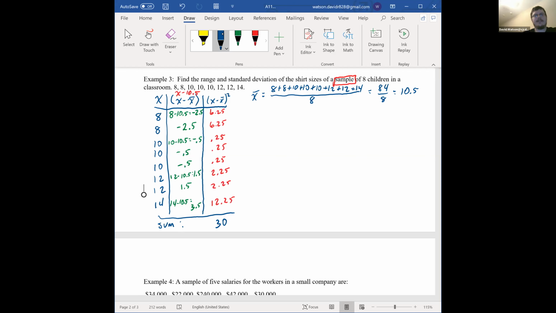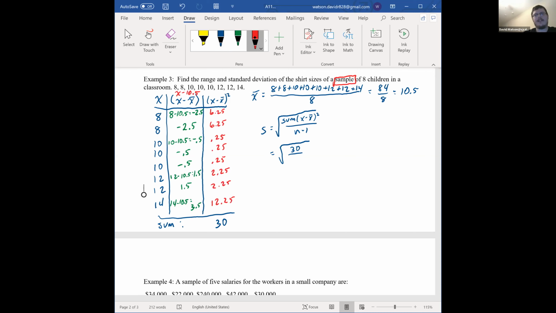All right. So our sample standard deviation, S, is the square root of the sum of (x minus x bar) squared, all over n minus 1. So our sum up there was 30 over n minus 1.